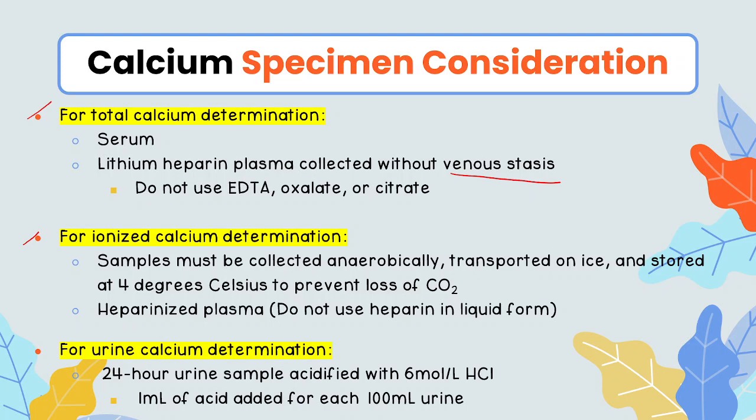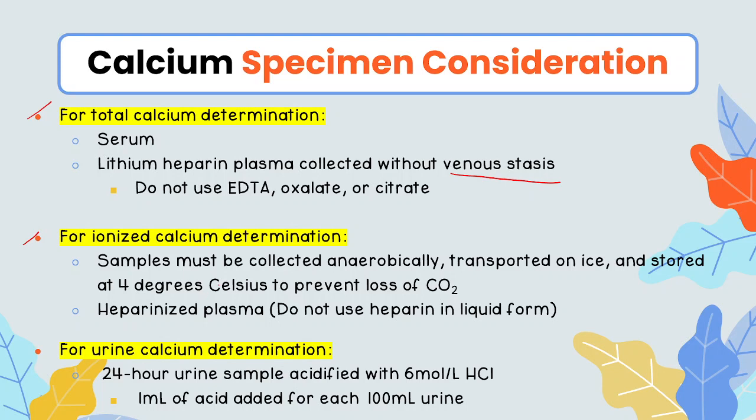And that would greatly affect your electrolytes since, pag prolonged tourniquet application, hemoconcentration will happen. So do not use EDTA, oxalate, or citrate because, syempre, the common denominator of these anticoagulants is in terms of its action to your calcium, di ba, chelation of calcium po sila. So, di po talaga pwede yung mga ito na mga anticoagulants.